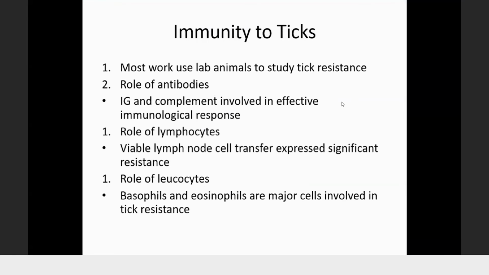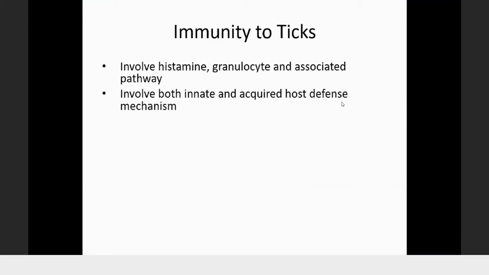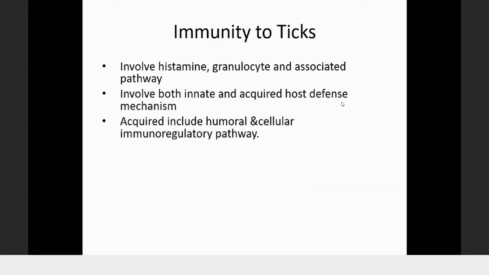For leukocytes, basophils and eosinophils are the major cells involved in tick resistance. It also involves histamine, granulocyte-associated pathways, and both innate and acquired host defense mechanisms. It also involves acquired immunity, which includes the humoral and cellular immunoregulatory pathways.